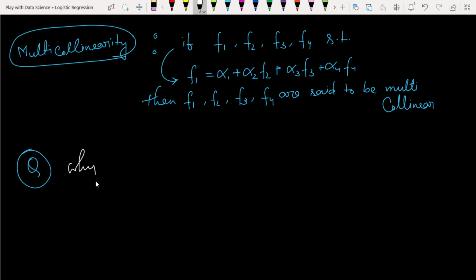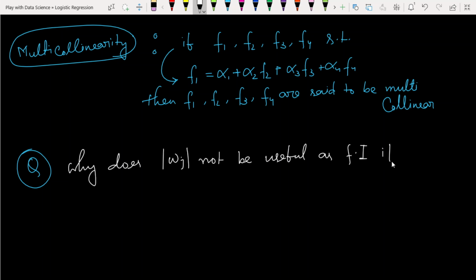Why is the absolute value of our weight vector not useful if our features are collinear?